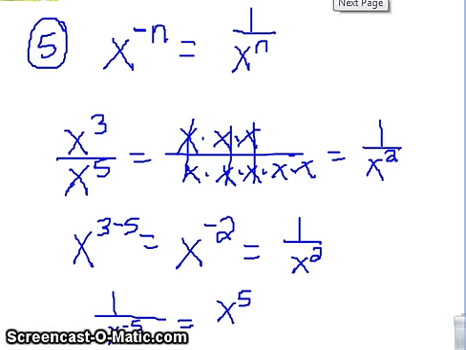The last two are awesome because they're commutative properties. I'll even put them on the same page. If I have m times n to the a power, I'm mixing up my variables, then I get m to the a times n to the a.